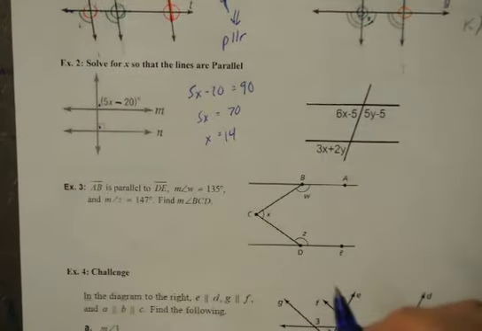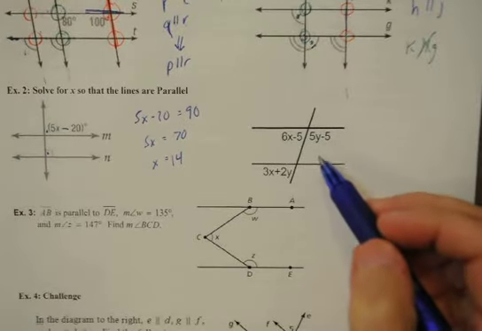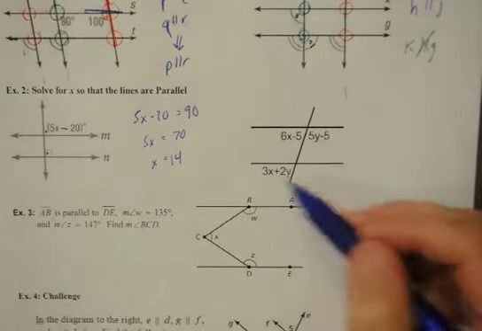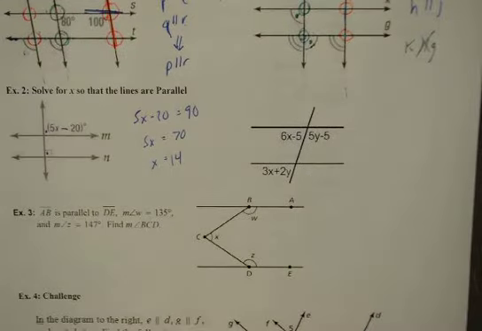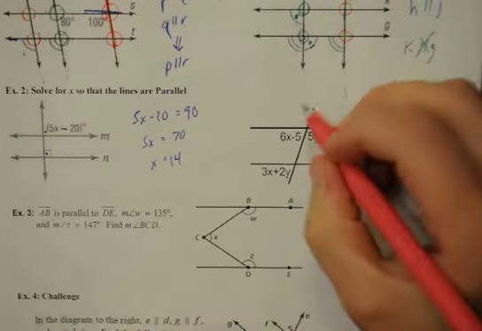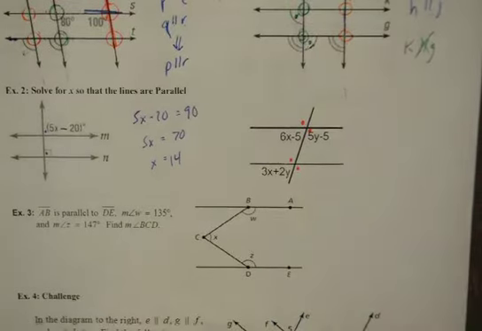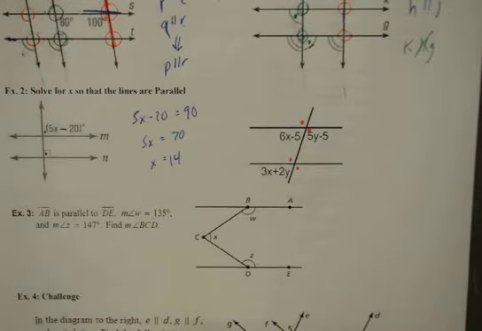Now this one is the same idea, but it gets quite a bit more tricky with the algebra. Here's what I'm going to do. If these lines are parallel, then all of these pink dots would be the same.